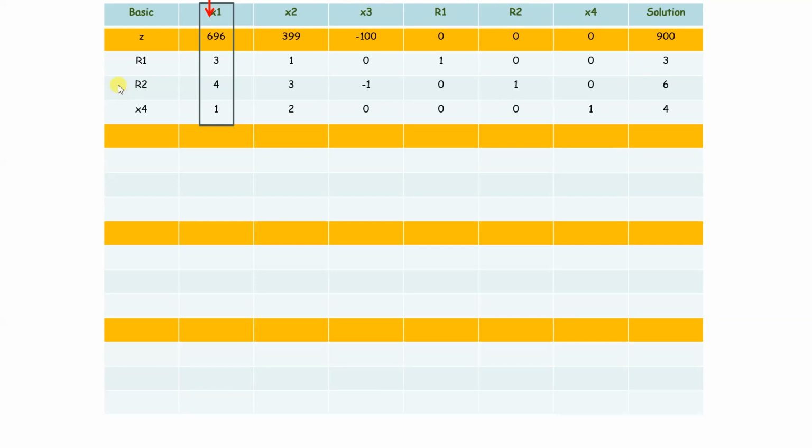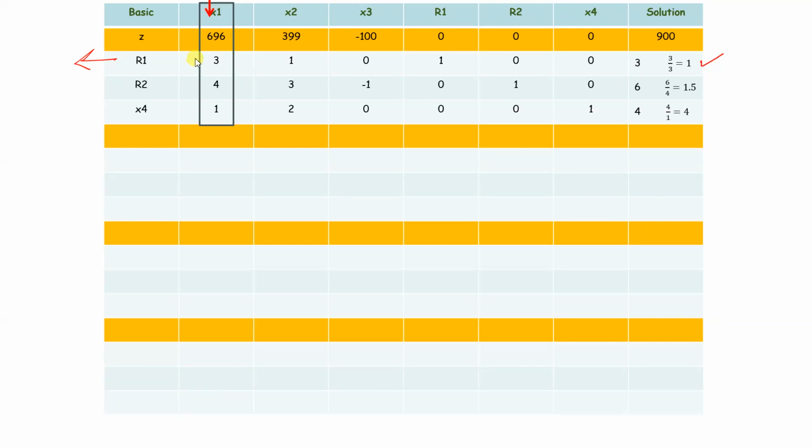To find which variable is going to leave, we have to find the ratios of the solution and the pivot column. These are the ratios, and the least positive here is this one, so r1 is going to leave and become a non-basic variable, where x1 is our next basic variable.